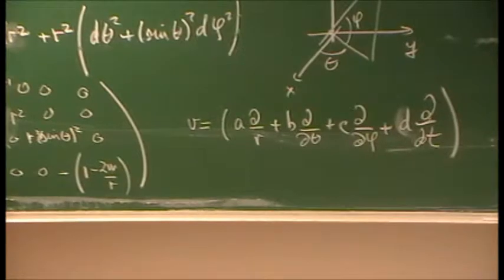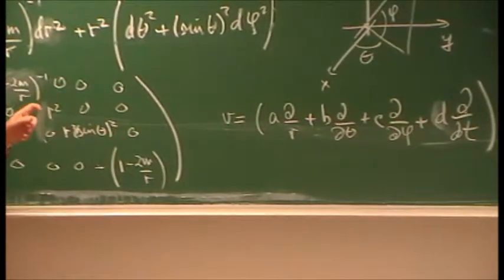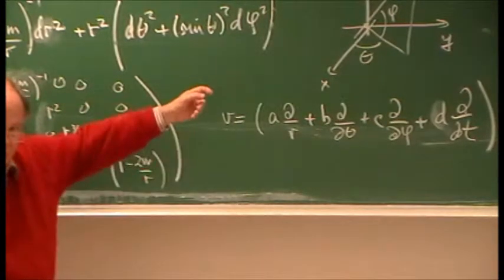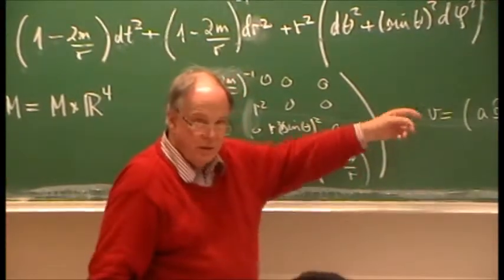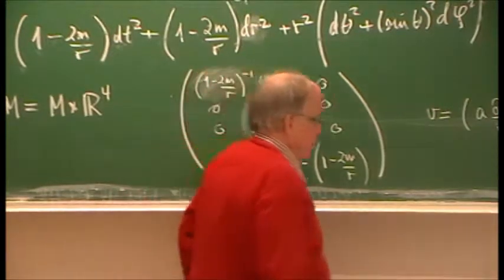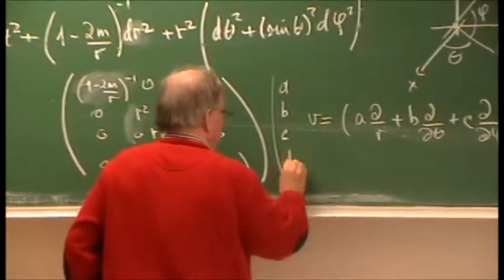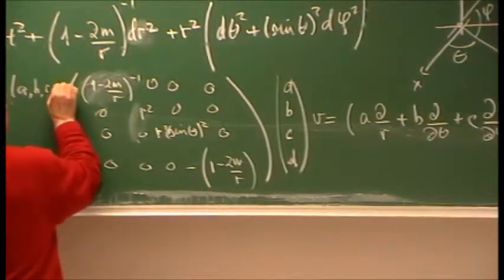It's this symmetric matrix applied to that vector. You understand how to apply a symmetric matrix to a vector? X transpose matrix X is what I said. Okay? So if you look at it, you can see what it is. But why do you have squares in the formula? Why is it dt squared and dr squared and everything is squared?